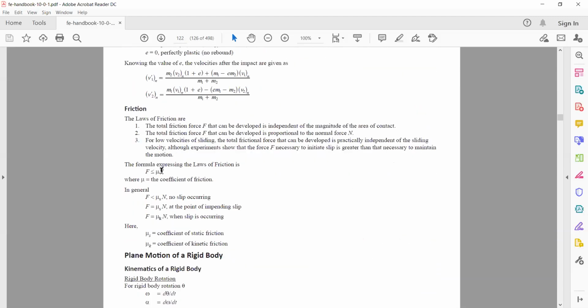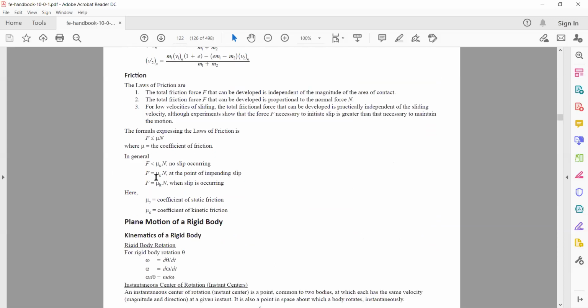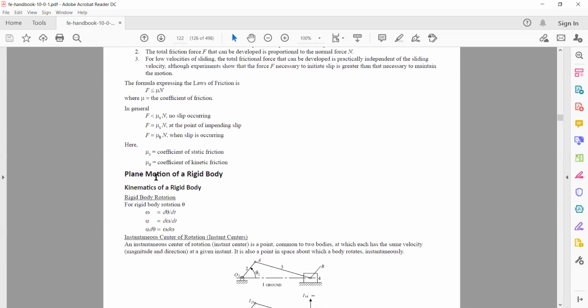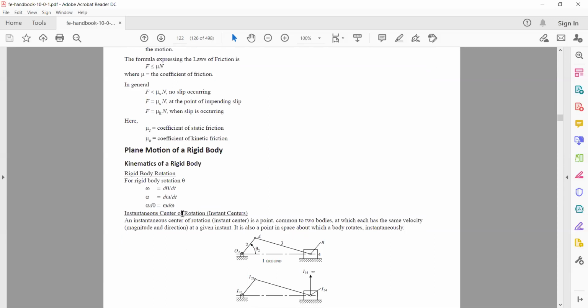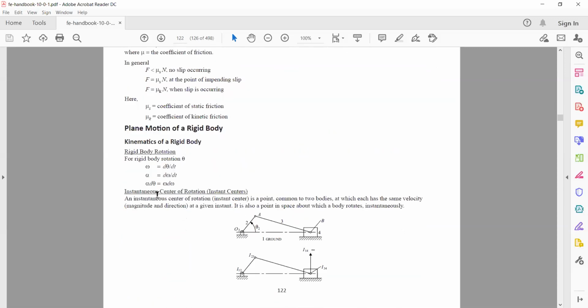And then we get into friction. The frictional force on the object will be equal to the normal force multiplied by the coefficient of friction. And then as we get into rigid bodies, we stop looking at particle systems and we start going into some more complicated differential of mass that we have to apply over a body.